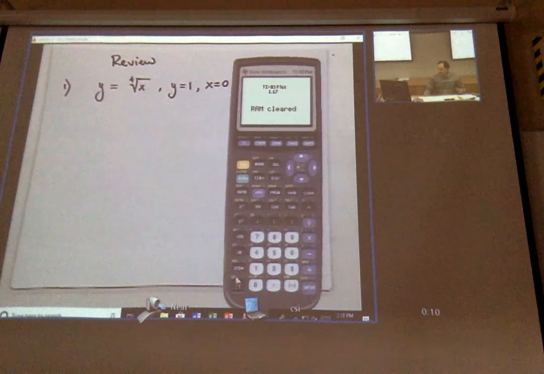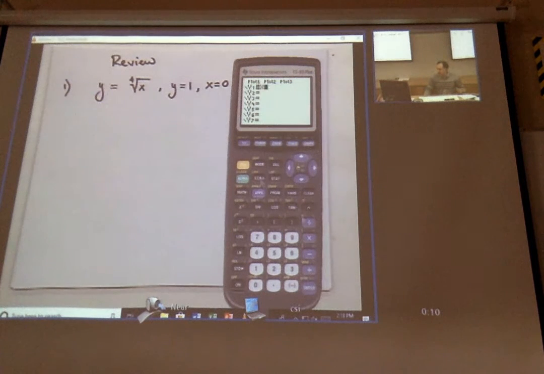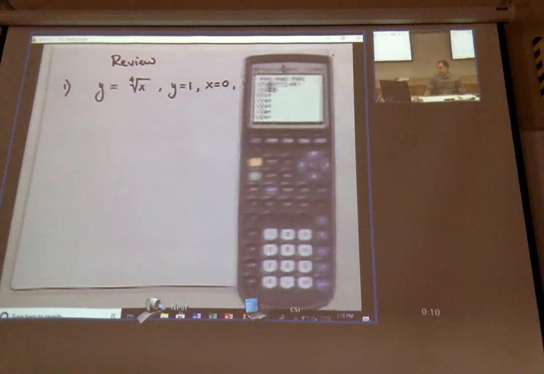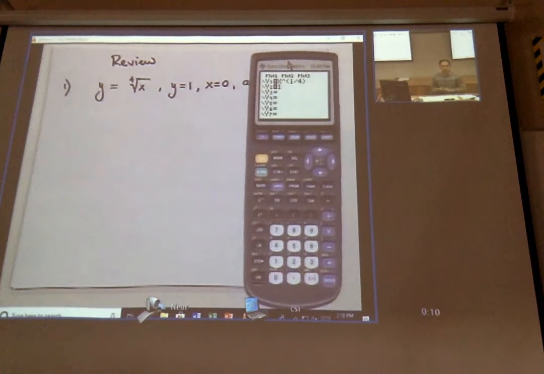So, fourth root of x, so it will be x to the 1/4. The next thing I have is y equals 1. Well, that's just the line. And then I have x equals 0, so I'm not going to graph that one. We know x equals 0 is the y-axis, right?